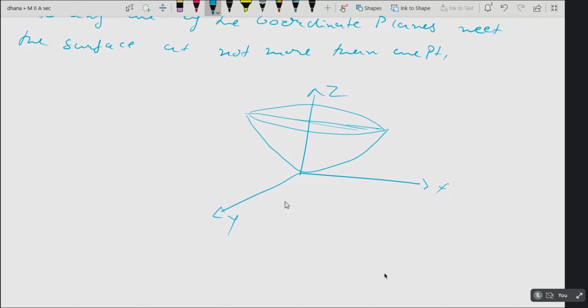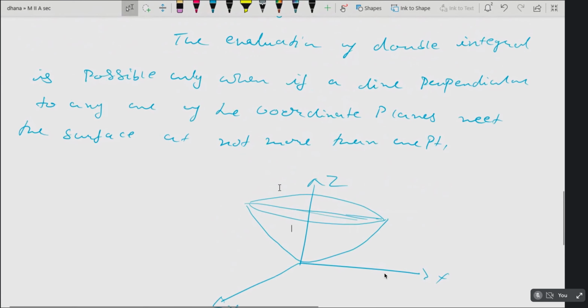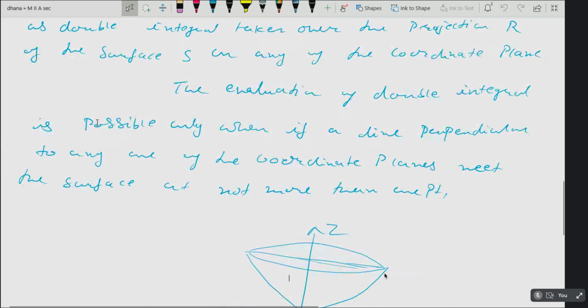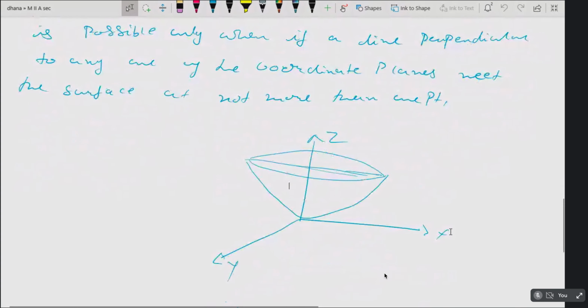Now, suppose you take the projection in the YZ plane. This is the YZ plane. So if you draw a perpendicular line, according to this statement, the evaluation of double integral is possible only when a line perpendicular to any of the coordinate planes meets the surface at not more than 1 point.